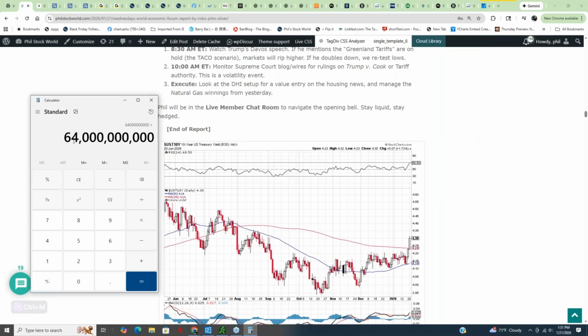That's how much the last 3 days have cost us. $64 billion is what that little tick up in rates represents. A full percent is 400 billion.